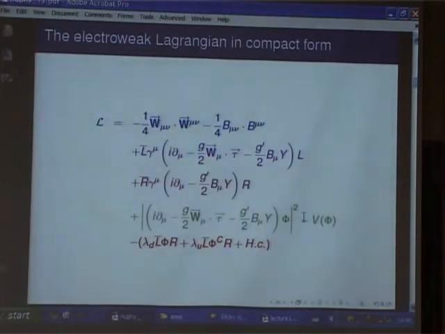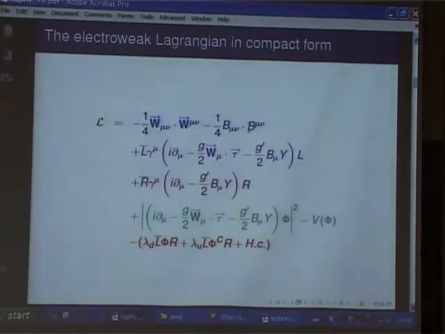So then we see all the terms. Then there were these terms, W mu nu, W mu nu, or B mu nu. These terms are analogous to the F mu nu, F mu nu terms that we see in the electromagnetic Lagrangian. So many things can be understood by analogy with electromagnetism.